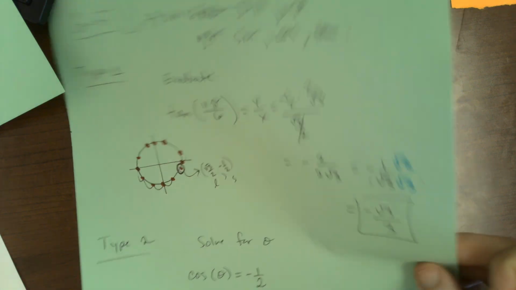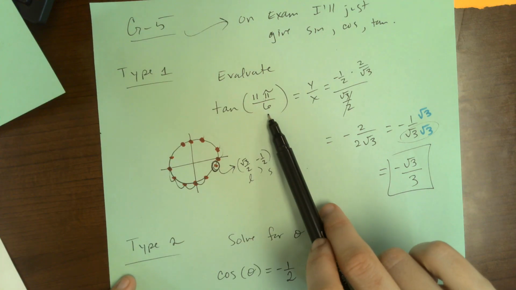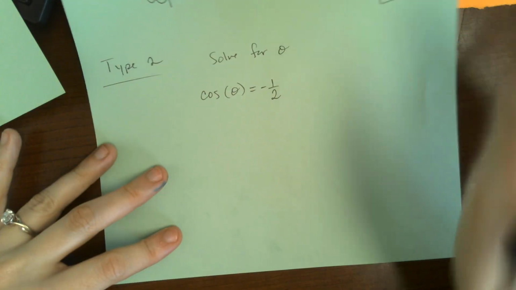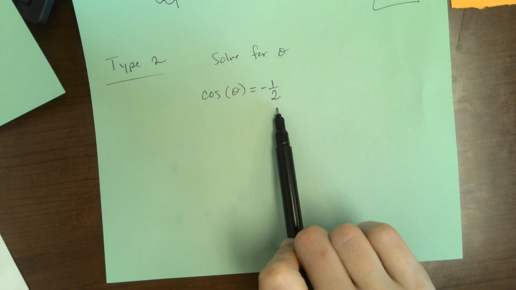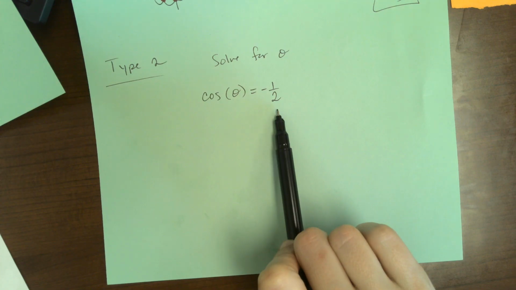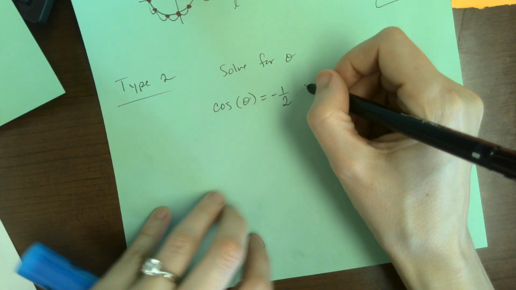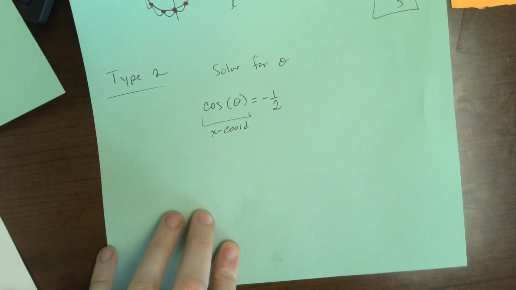Okay, now going backwards. So now we are solving for theta. Here we were given theta and finding the tangent value. This time we're given the cosine value and finding the theta. So what you want to know, guys, is that cosine is the x-coordinate, so make sure you know that.